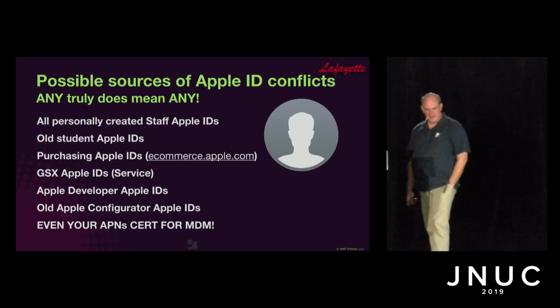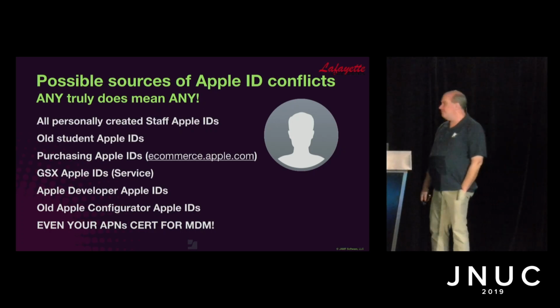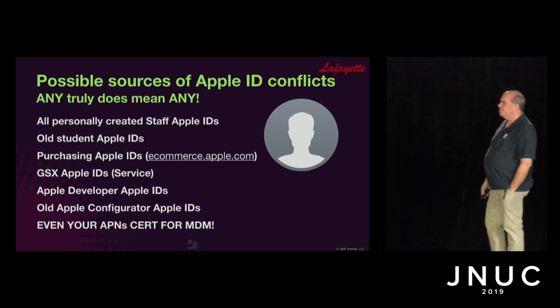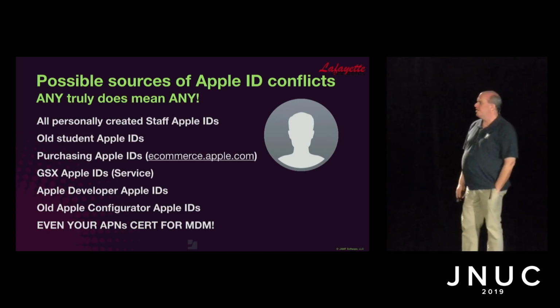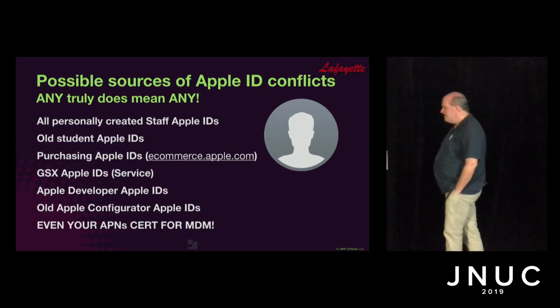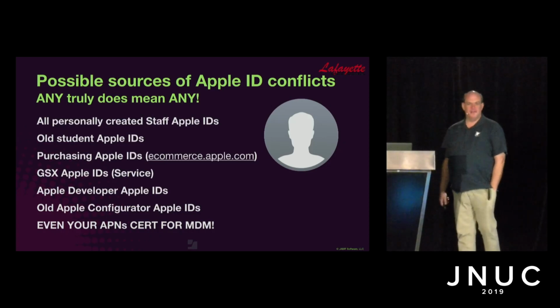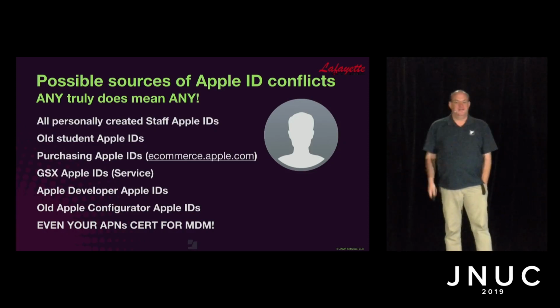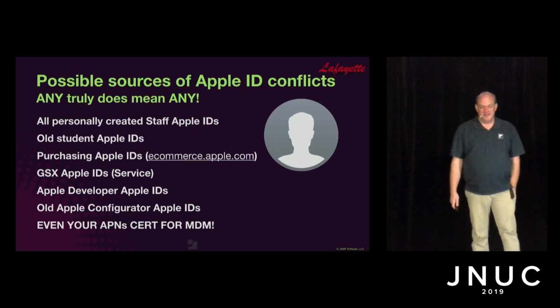But so I started drilling down. The any truly does mean any bit. The ones I could come up with were all the staff where we had them created, some old student IDs from Apple ID for students. Our secretary purchases finished goods for us regularly. She had an Apple ID for that.